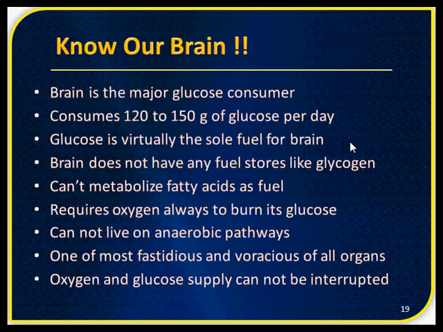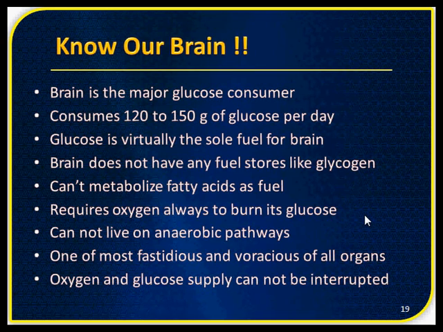The brain does not have enough fuel stores of glycogen. At the most, the glycogen in the brain lasts for 4 to 5 minutes. It cannot metabolize fatty acids as fuel. It requires oxygen always to burn its glucose. Only aerobic glycolysis is possible. So the brain requires not only glucose, but oxygen.